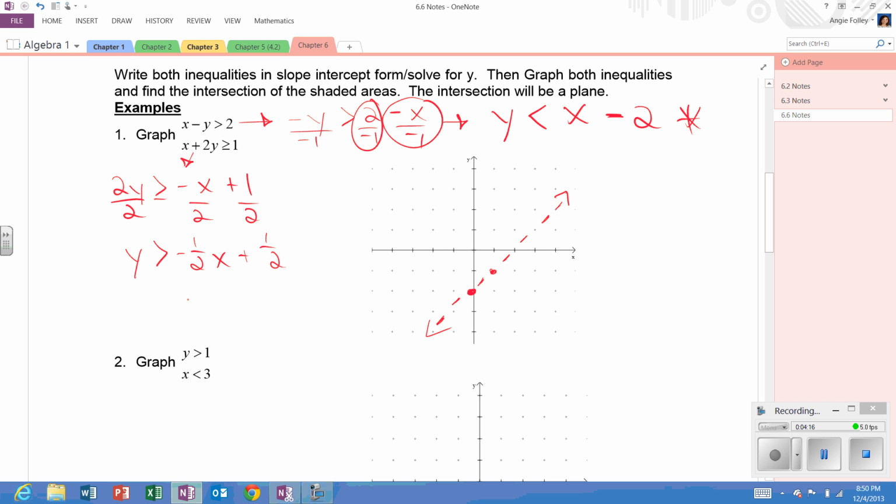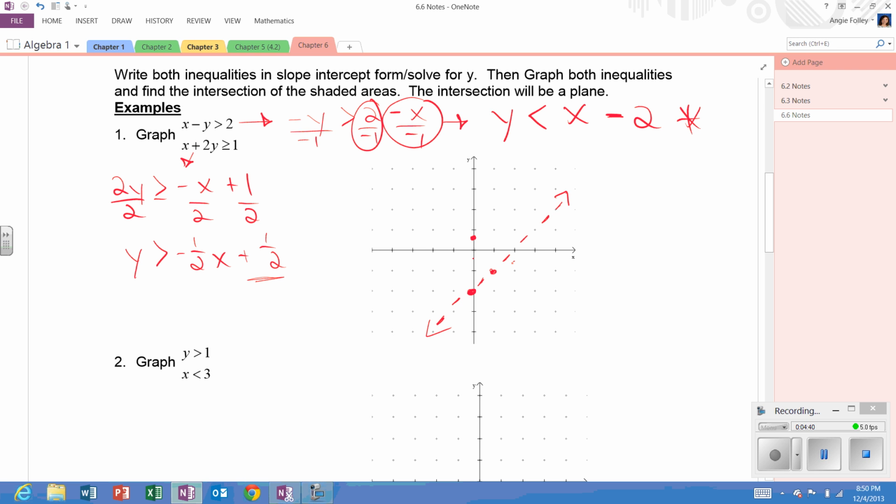For our second line, okay, I'm not going to shade anything yet. Our second line has an intercept of 1/2. So we're going to go to 1/2. And then our slope is negative 1/2, so down 1 and to the right 2. So I'm going to go down 1, so that would be right here, and to the right 2.